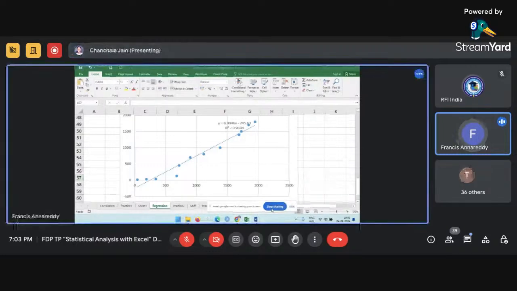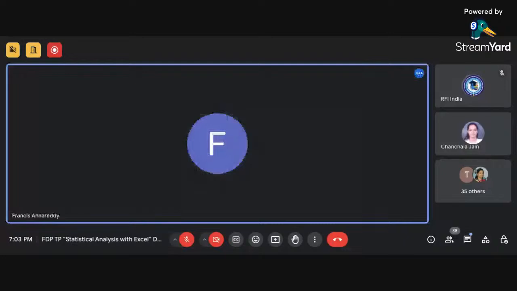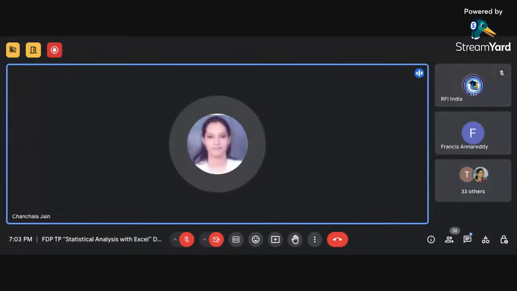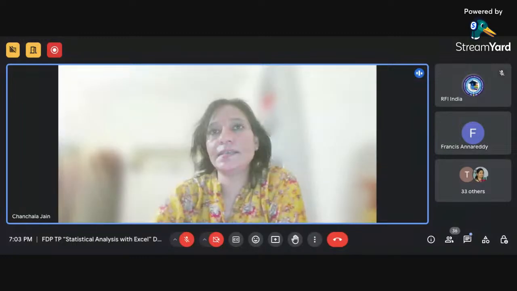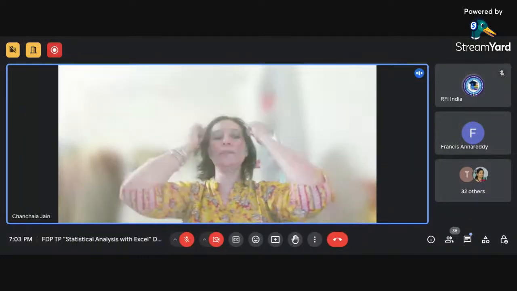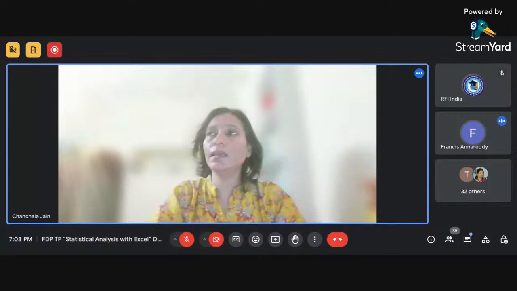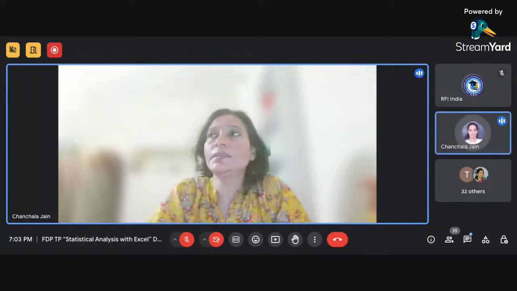Let's talk a little about multiple linear regression. Suppose we are talking about the rent of a house based on a couple of factors like the number of rooms and the square footage of the house. The number of rooms and square footage have a positive correlation, right?